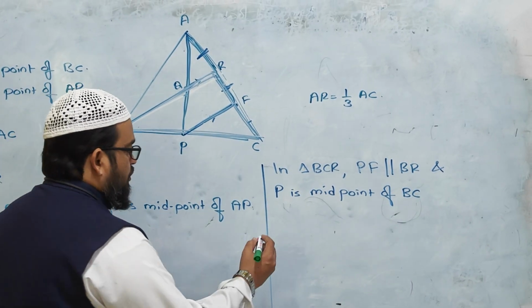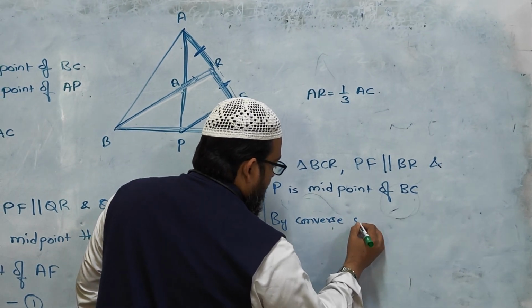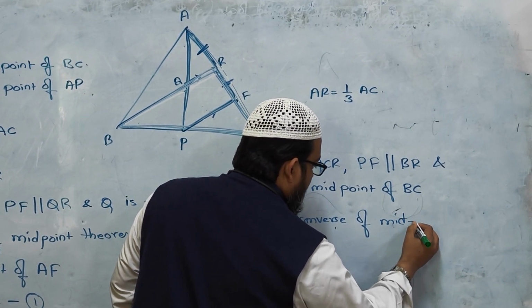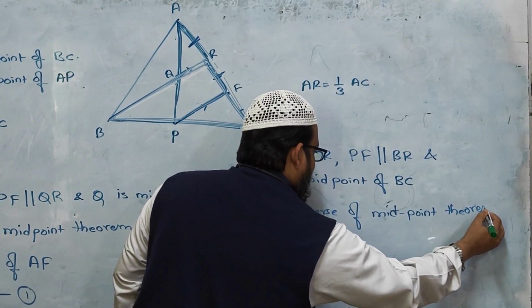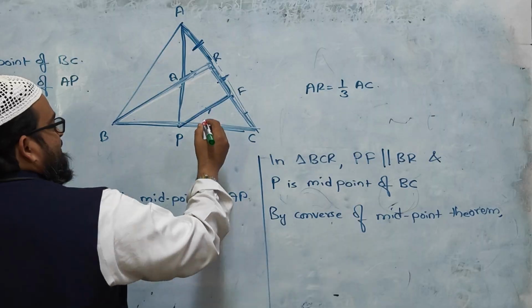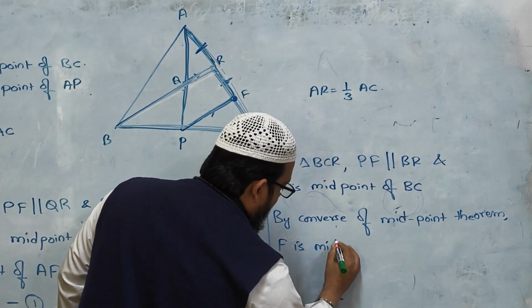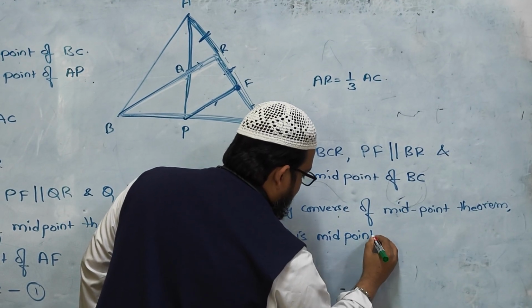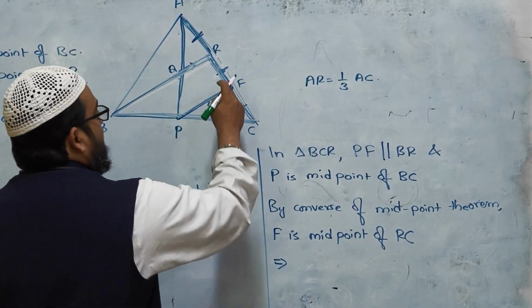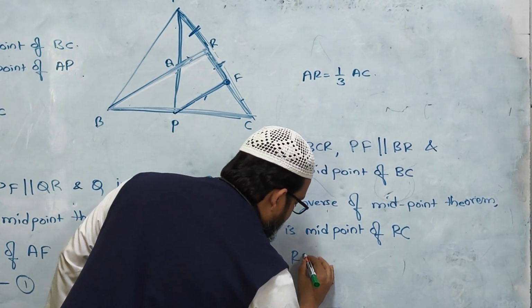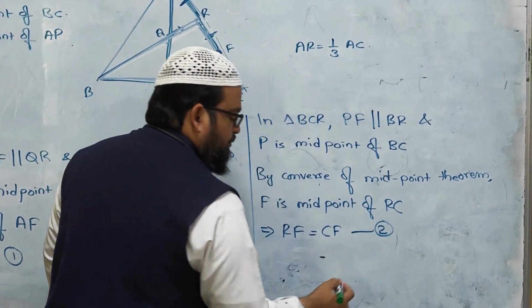So by converse of midpoint theorem, F is the midpoint of RC. So that implies RF is equal to CF. So this is second equation.